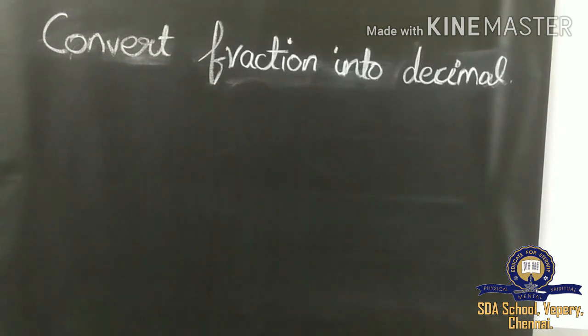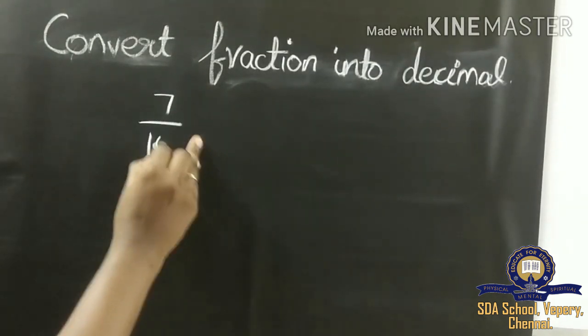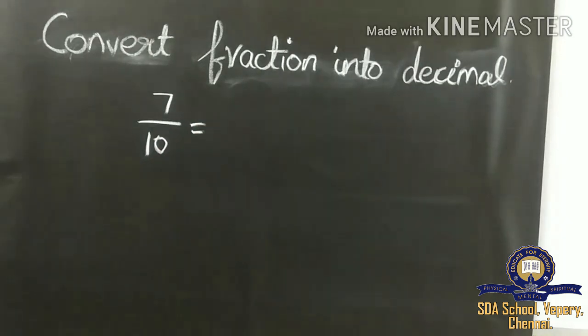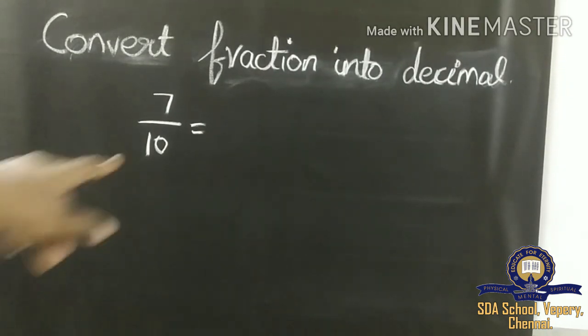Let's see one example of how to convert a fraction into a decimal fraction. If it is in the form of 7 divided by 10, anything divided by 10, 100, 1000 is called a decimal fraction, right? Here you can see that the denominator has 1 zero. So you should put the point in the numerator before the last number.